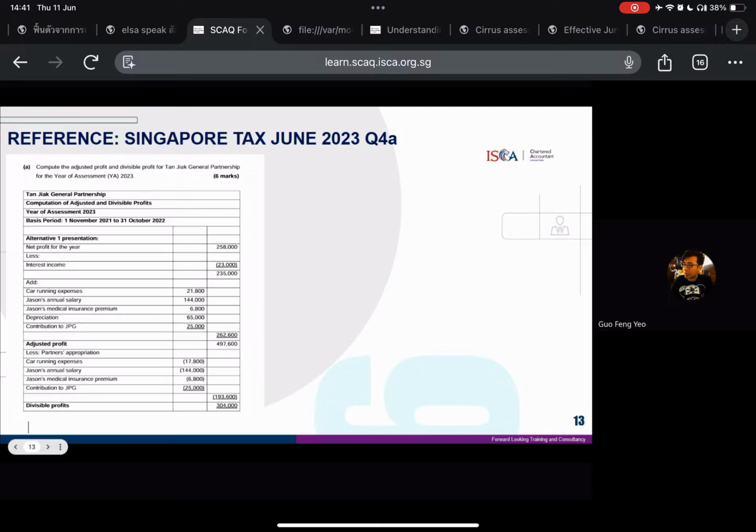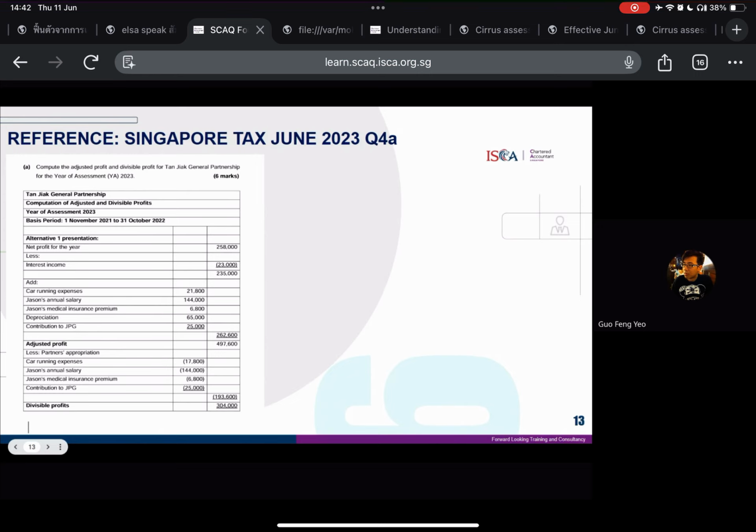Before I proceed, I would like to remind the candidates that you need to read the requirements of the question carefully. In this case, you will be required to compute and present the adjusted profit and divisible profit for Tan Jiak General Partnership for a total of 6 marks.